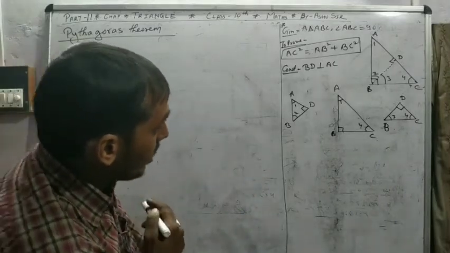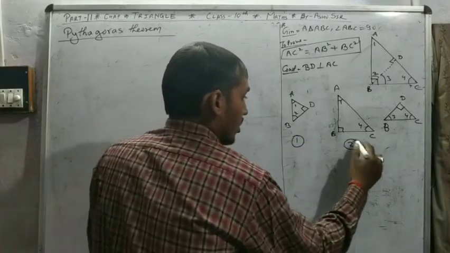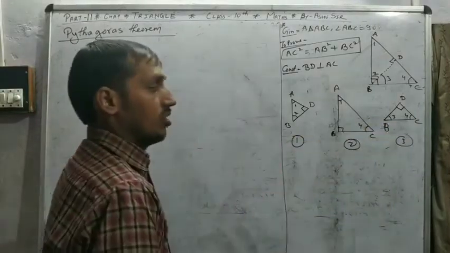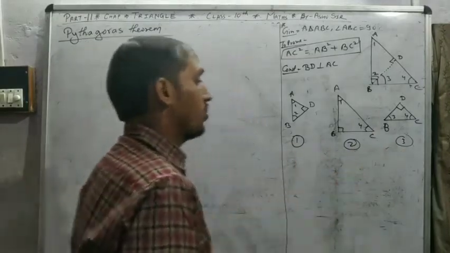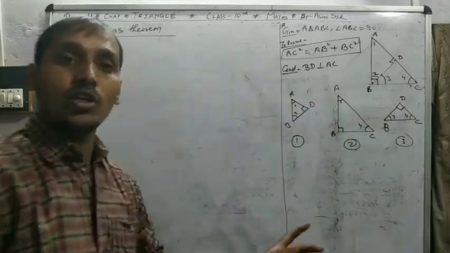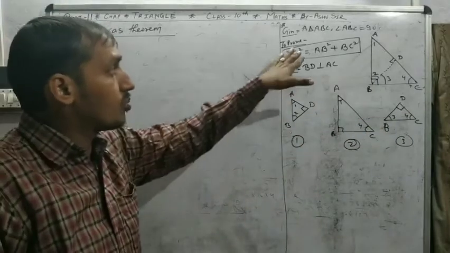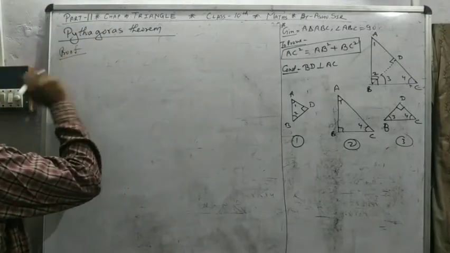So firstly we take, suppose, the first triangle, second triangle and third triangle. First and second, then third and second. It means these small triangles are similar to the big triangle, then we take corresponding sides and try to prove this. So the proving part started from here.